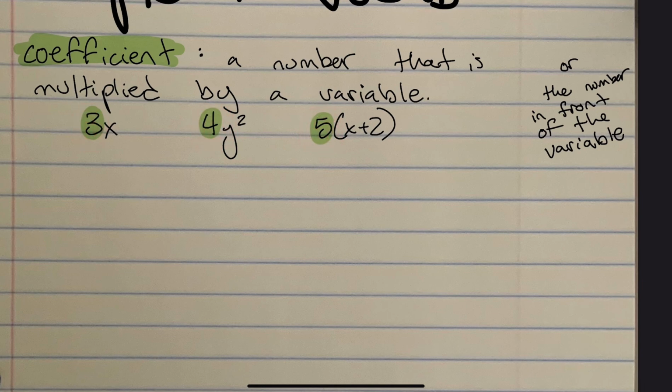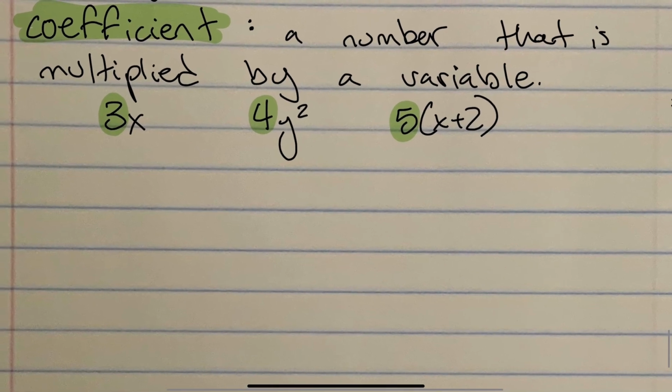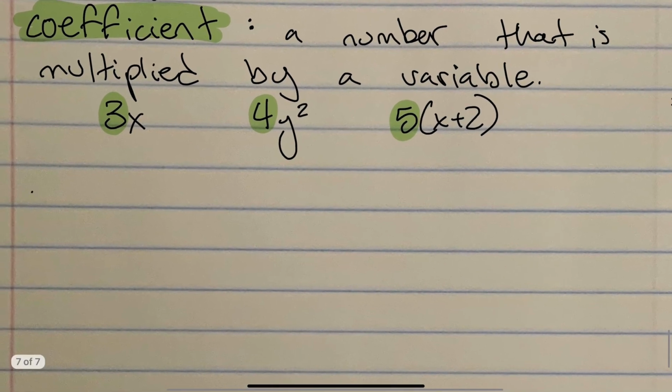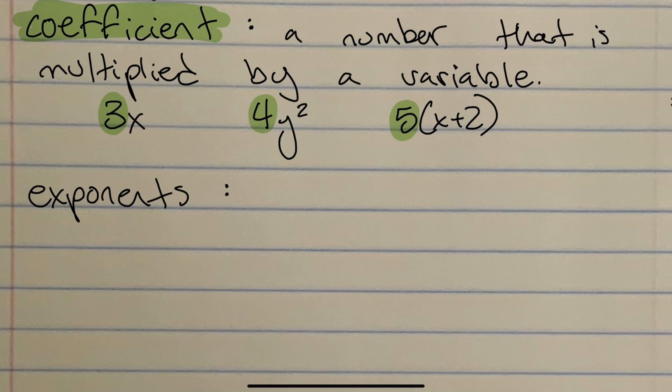Cool. So moving on from coefficient, let's talk about exponents. Now, exponents came up in our last topic. Once again, this is just a review of these words, just so that we don't forget what they are. For exponent, let's say that's going to be the small number in superscript.